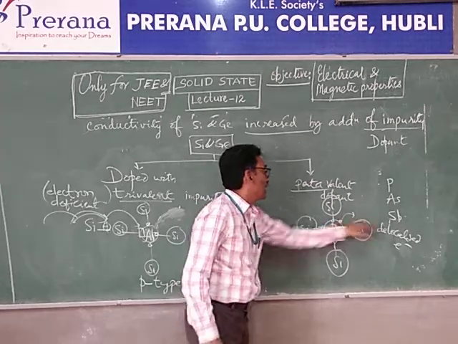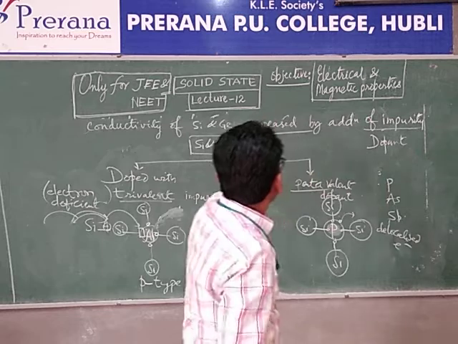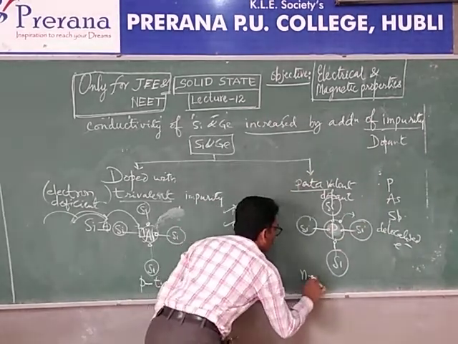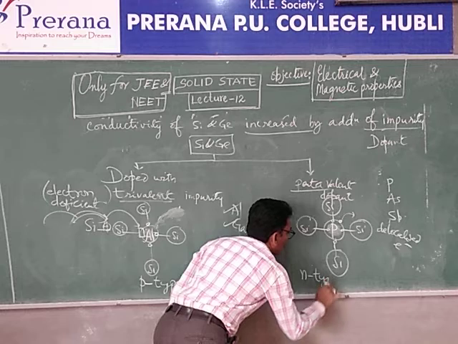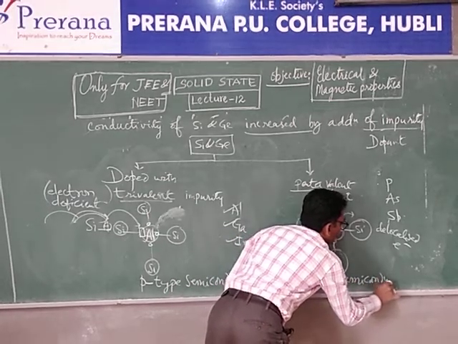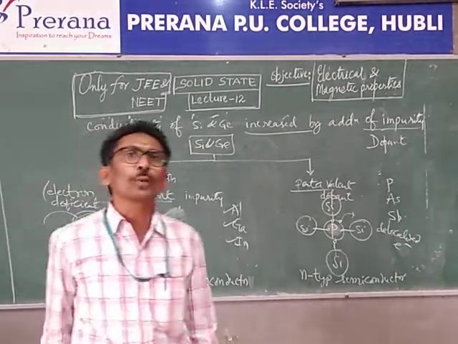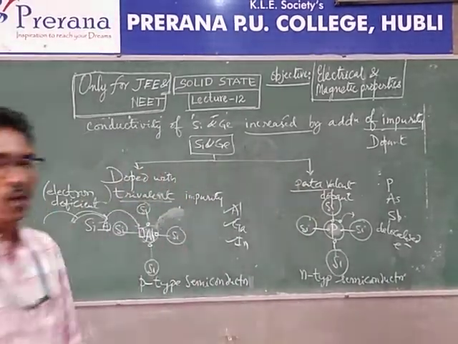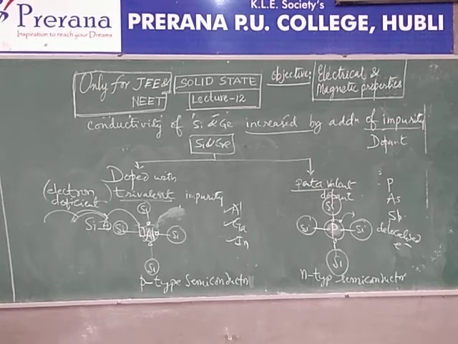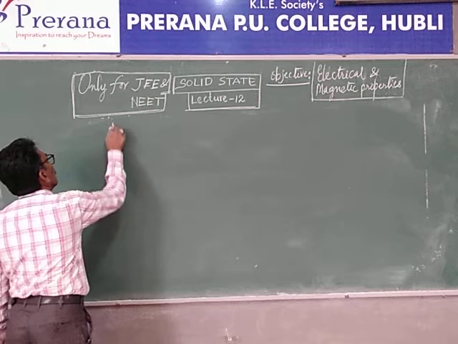This delocalized electron moves through the crystal and the electrical properties increase. This electron is a negative charge, so it is known as n-type, N-type semiconductor. N-type and P-type semiconductors are useful to prepare diodes.